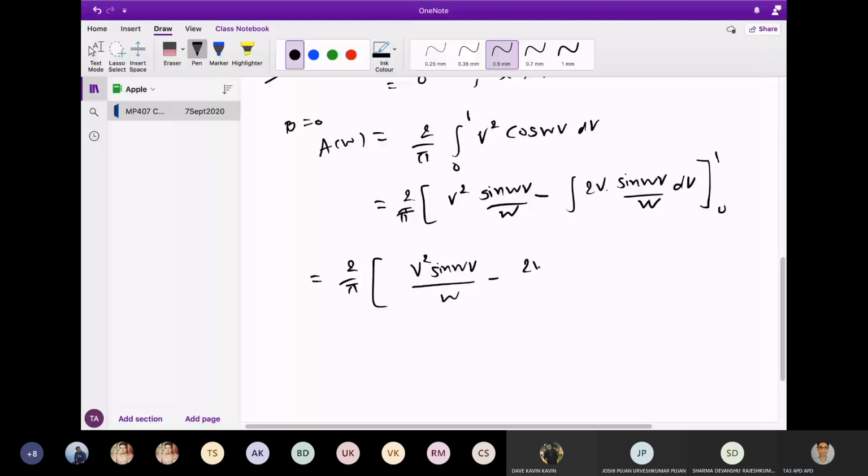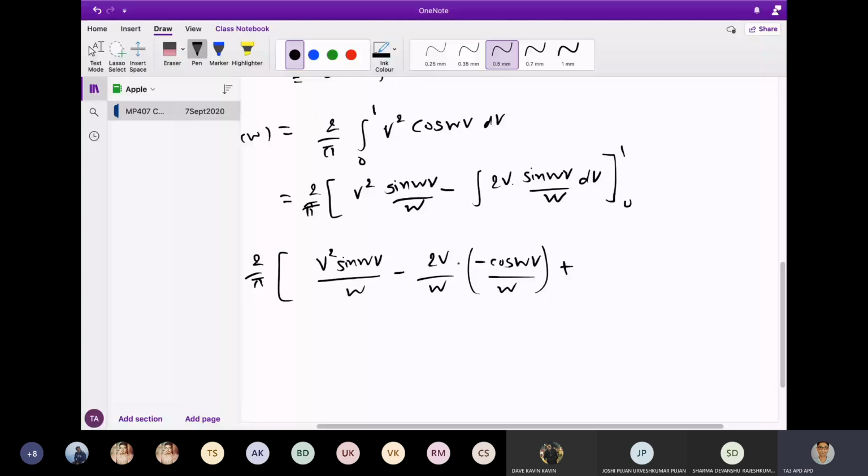So that's your first term, and the integration of this one is going to be minus cosine of wv upon w, and plus 2v by w, and 2v by w will have integral of 2 by w. Again, you will have minus cos wv upon w, integration with respect to v, 0 to 1.